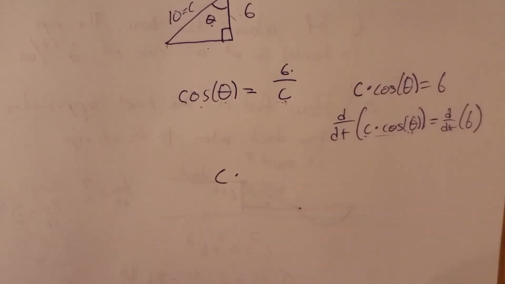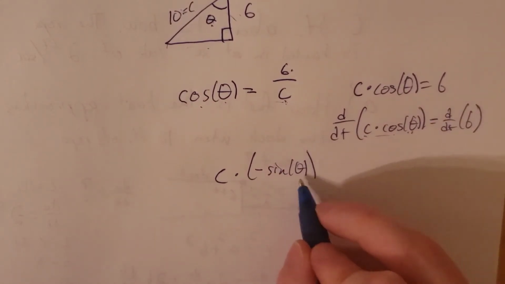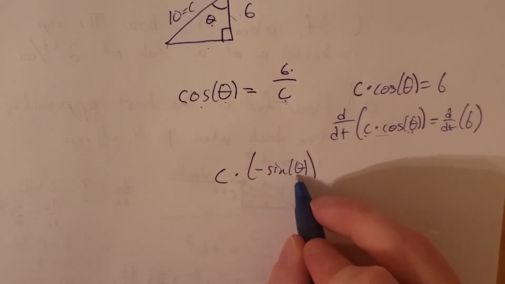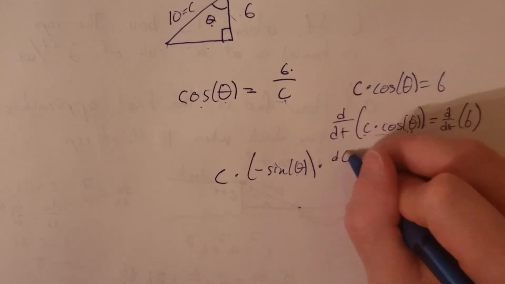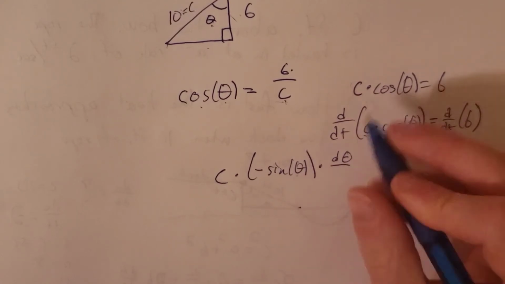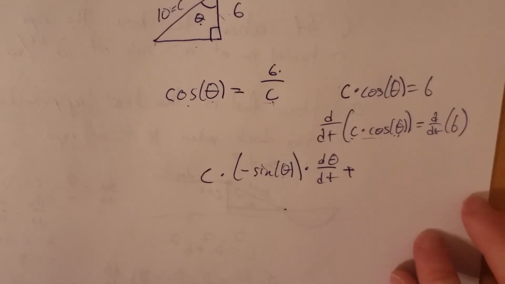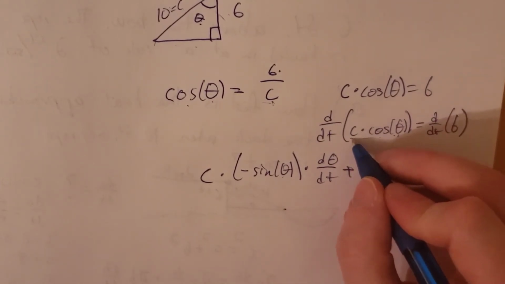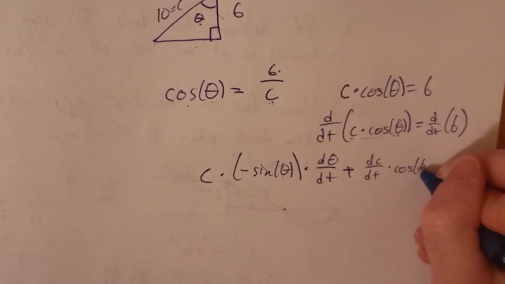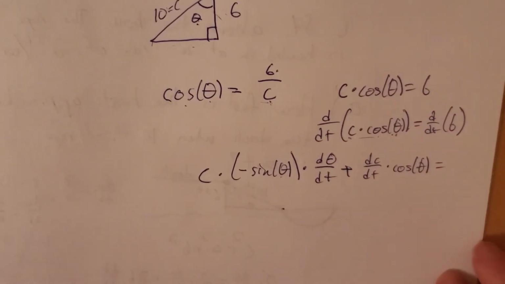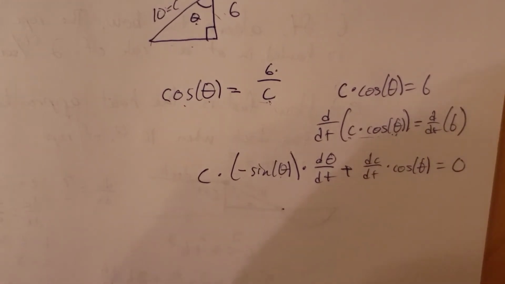What's the derivative of cosine? That is negative sine of theta. And then chain rule says to then multiply by the derivative of the inside function with respect to time. So that is times d theta/dt, plus the derivative of the first, that is dc/dt, times the second, that is cosine of theta, is equal to, and what is the derivative of 6? 6 is a constant, so that is 0.